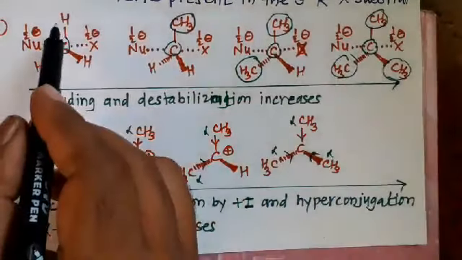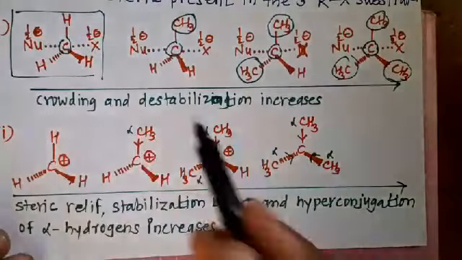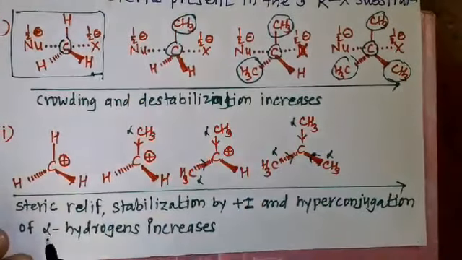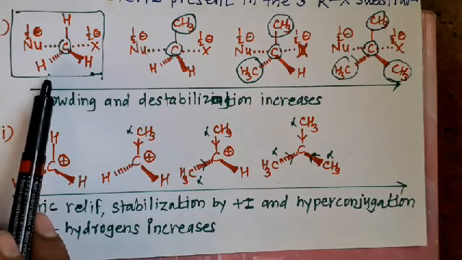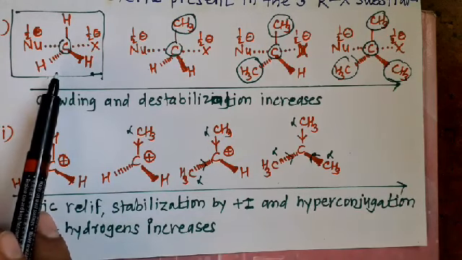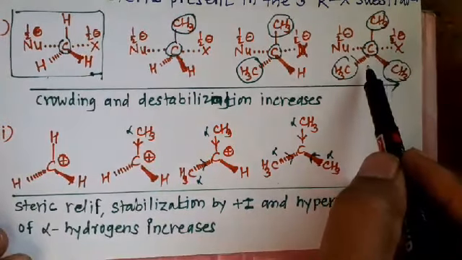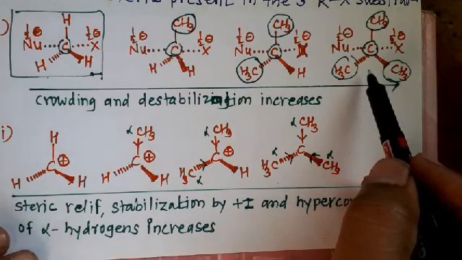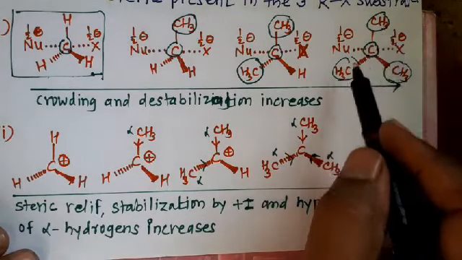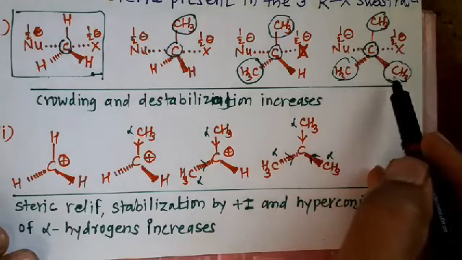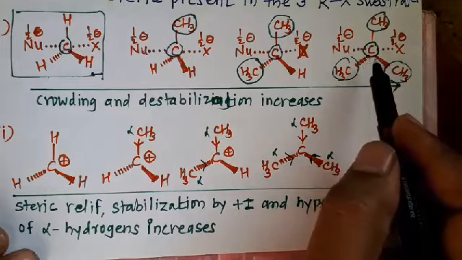Means the SN2 reaction is more favored for the first structure because it has less steric crowding in the pentavalent transition state, and it is least favored for the last structure because it has three bulkier CH3 groups present in the pentavalent transition state.